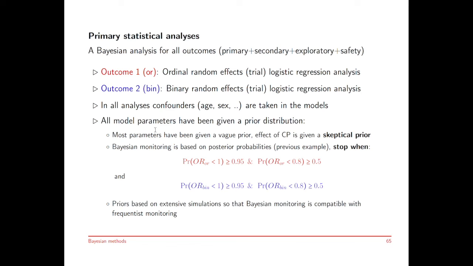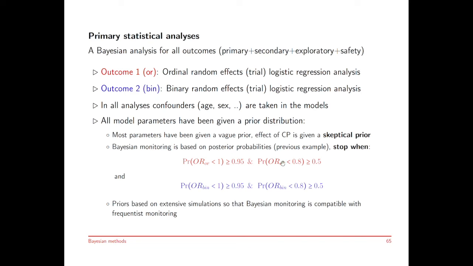Of course, for a Bayesian analysis, all model parameters have to be given a prior distribution, and most parameters have been given a vague prior, but for the effect of convalescent plasma, a skeptical prior was taken. And Bayesian monitoring was based on 2 posterior probabilities for each outcome.